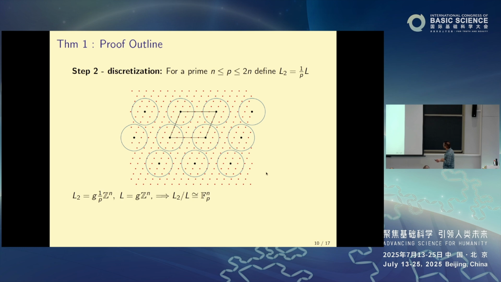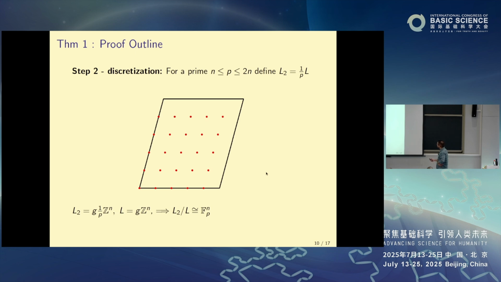Now, this L2 has a very nice relation to our original lattice L. Why? L2 is given by G, the generating matrix of L, times 1 over P Zn. And L is G times Zn, right? So L2 modulo L is equivalent to 1 over P Zn modulo Zn, which is equivalent to Fp to the n, since P is prime, right? So this is a finite field.